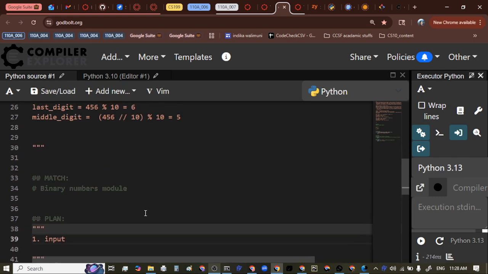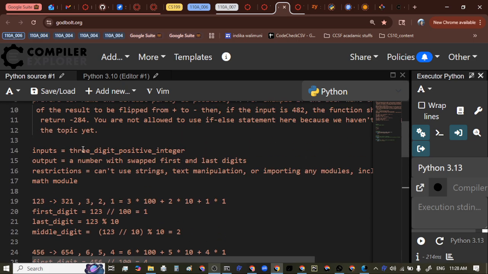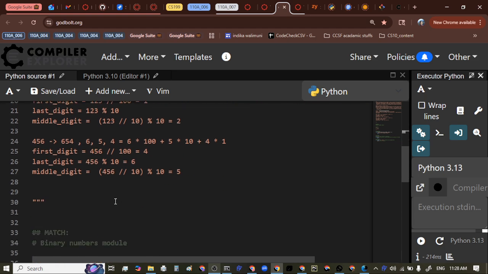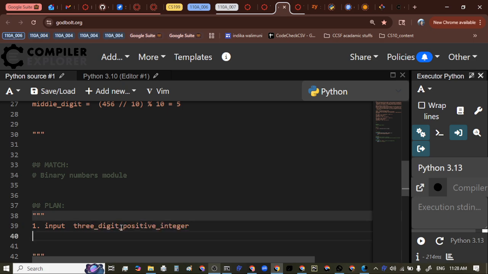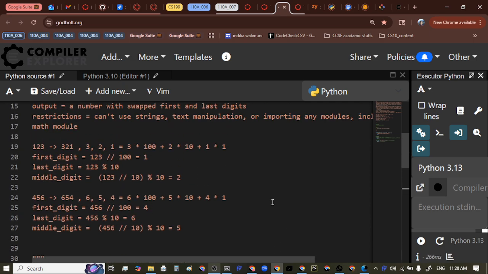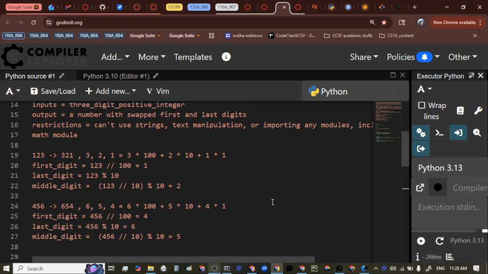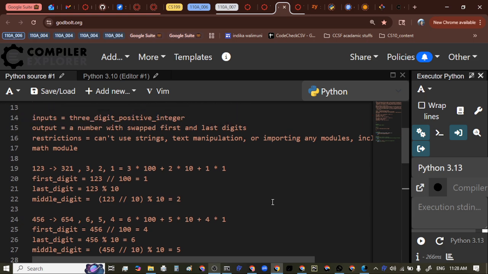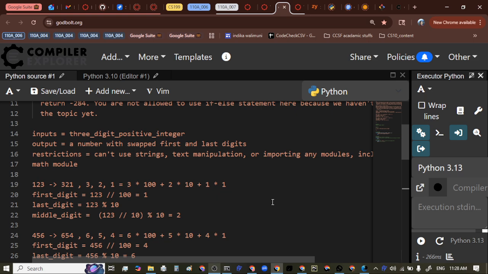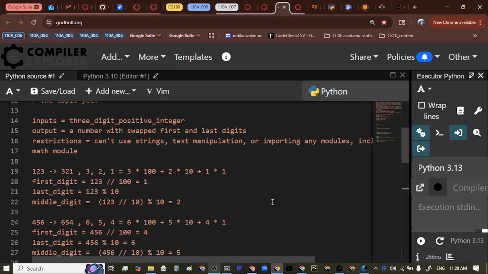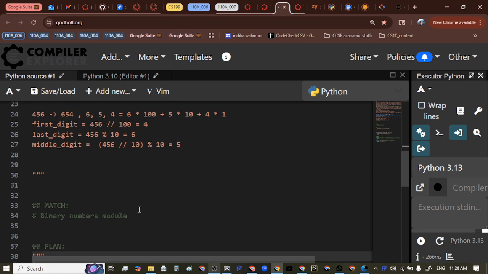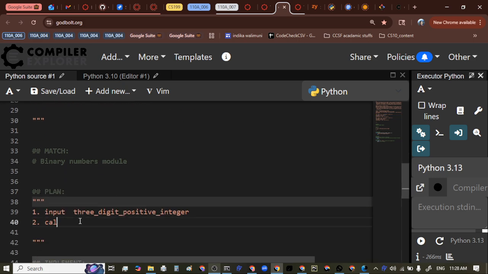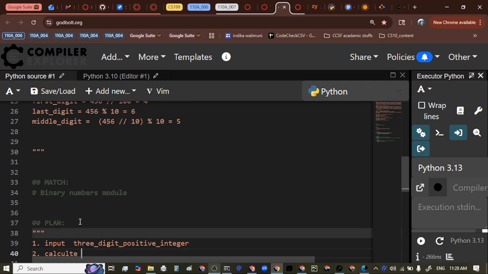So we're going to input this number. All right, what should be the step 2? Step 2, basically calculating this one. So I would say calculate first digit.